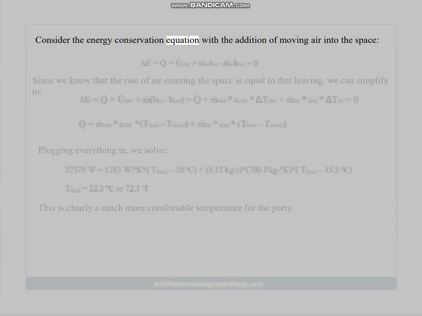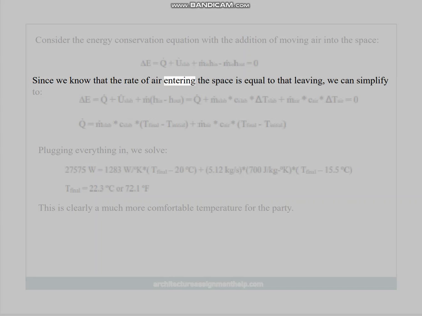Consider the energy conservation equation with the addition of moving air into the space. Since we know that the rate of air entering the space is equal to that leaving, we can simplify. Plugging everything in, we solve. This is clearly a much more comfortable temperature for the party.